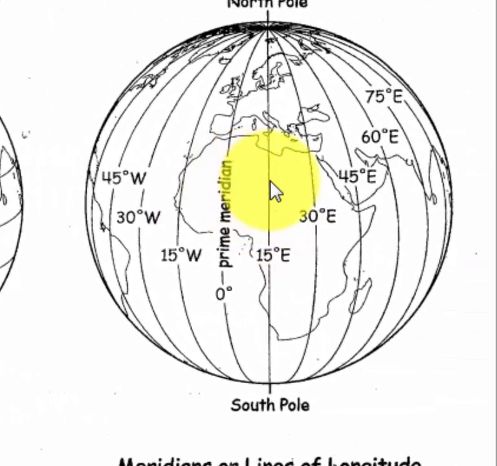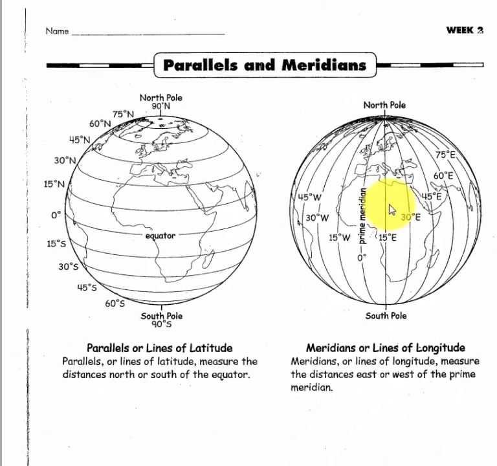If I'm doing longitude, I am switching over to this particular part of the map. And so that's important. So again, I look at the title and then I kind of look around to see what it's showing me.